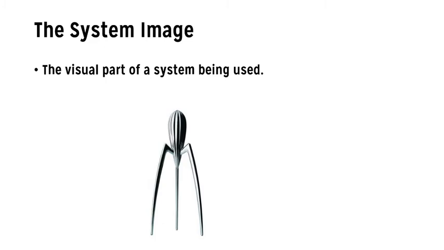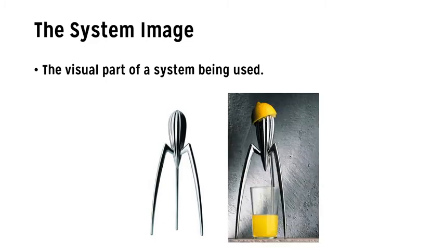Now, when we put it into context, it's understandable. It's a juicer. You put the fruit in half, you juice it on top. The juice goes through the channels and funnels down to the point at the bottom where it goes into your glass. But on its own, it's missing the affordances and signifiers that would make it a complete system image that is rational.